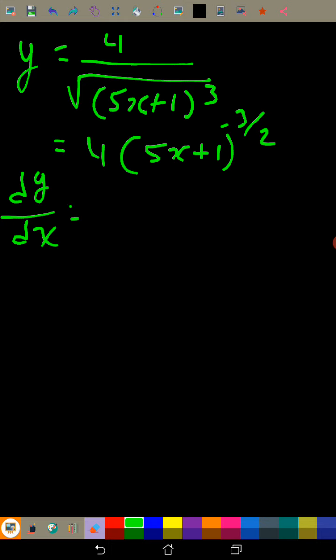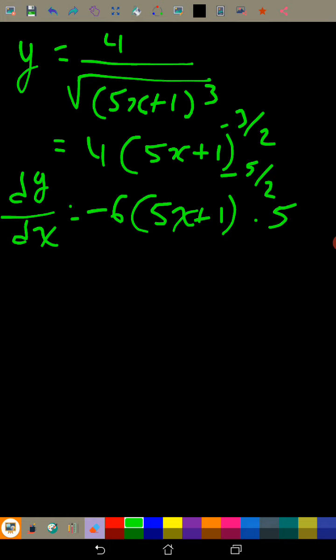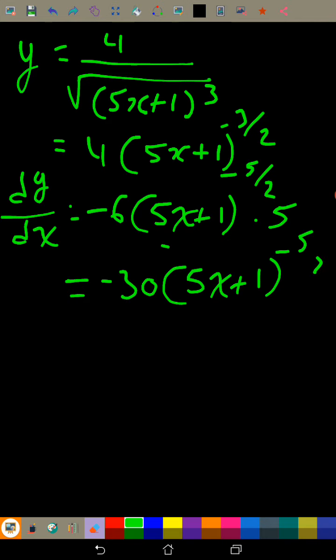So 4 divided by 2 times minus 3 is minus 6, sorry, and 5x plus 1, we minus 1, so it's going to be minus 5 over 2 times 5, the inner derivative. We have minus 30 times (5x plus 1) to the power of minus 5 over 2.